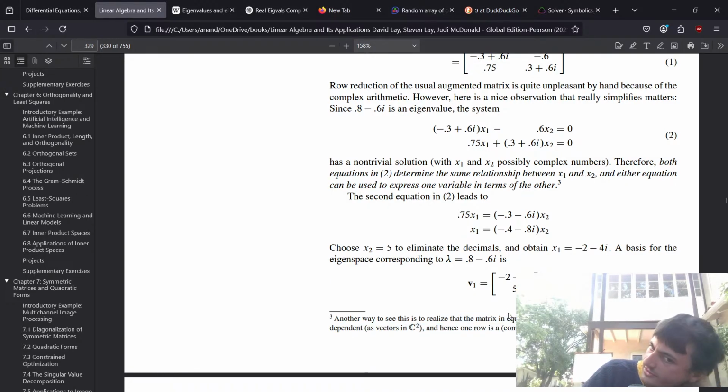So its rows are linearly dependent. Okay.